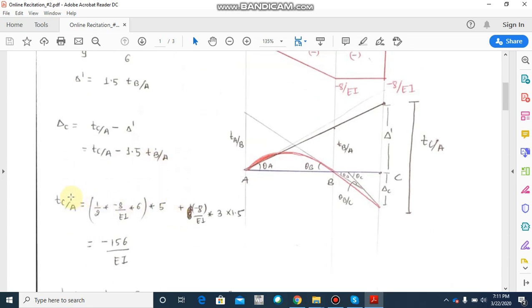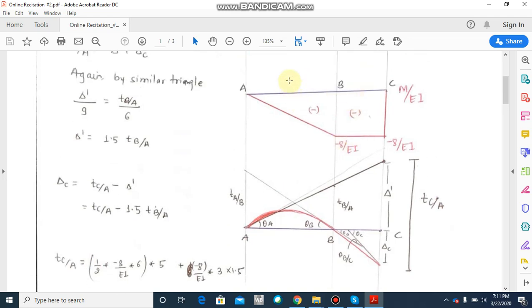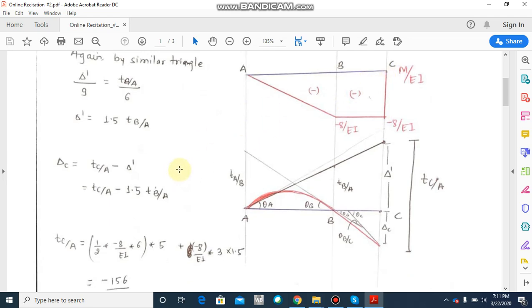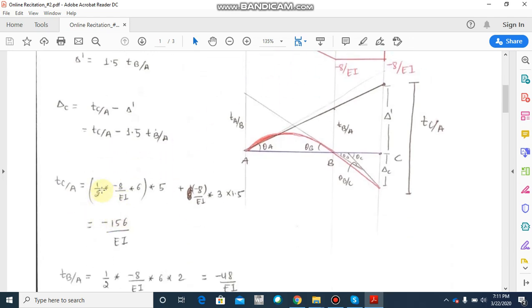So to calculate t_C/A is the moment of the M by EI diagram between points A and C about point C. So t_C/A would be the moment of this triangle about C, plus the moment of this rectangle about C. Now we can calculate it. So I've got t_C/A equals minus 156 by EI.